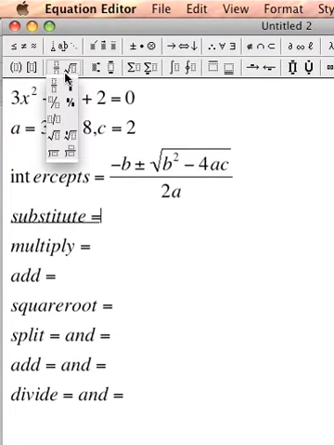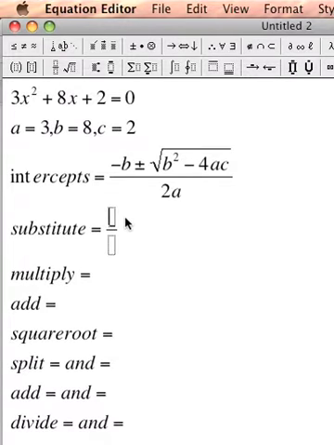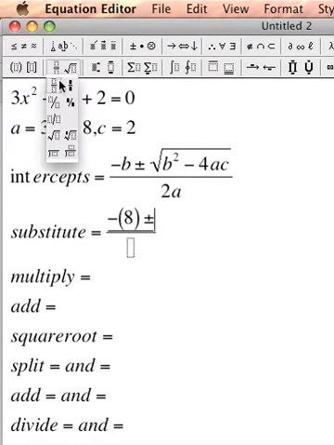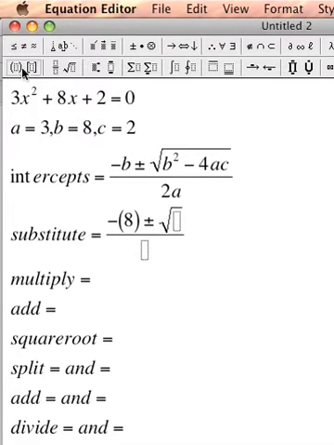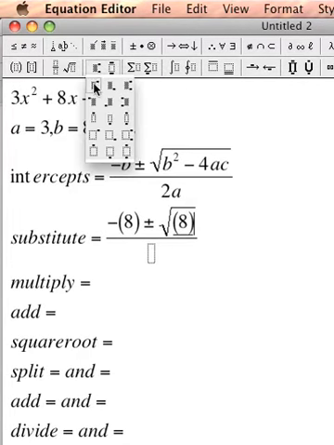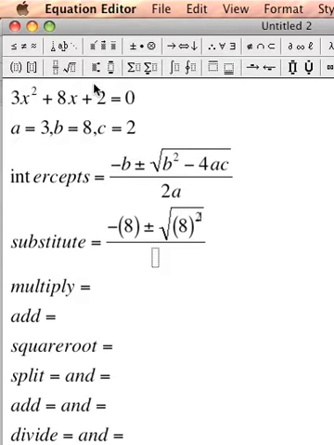Now, when I substitute, I'm going to wind up with negative, open my parentheses, replace b with 8, keep my plus minus sign, keep my square root, and I'm going to replace b with 8, and I'm going to square that.